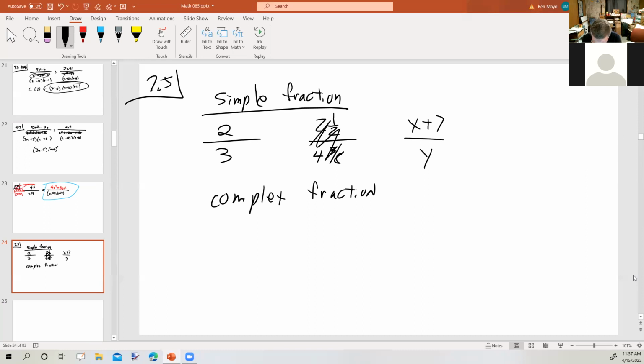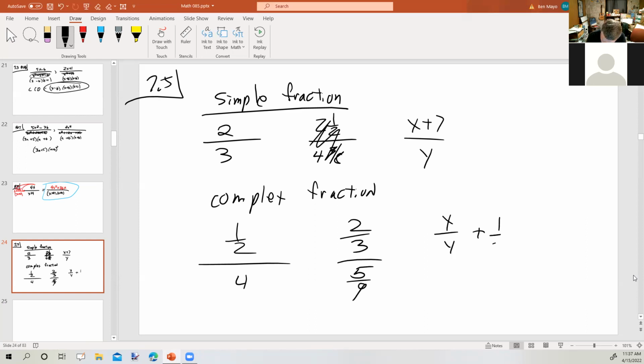Well, that's a simple fraction. Well, what makes a complex fraction? Where you've got an additional fraction in either the numerator or the denominator. So let's say I've got 1/2 divided by 4. That's a complex fraction. Or 2/3 divided by 5/9. That's a complex fraction. Or x over y plus 1 over z all over 2w.